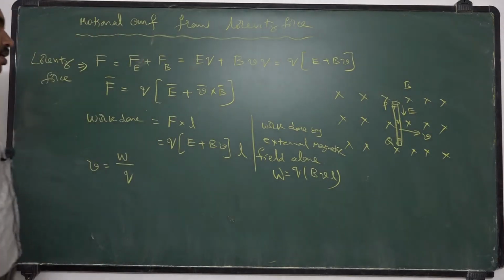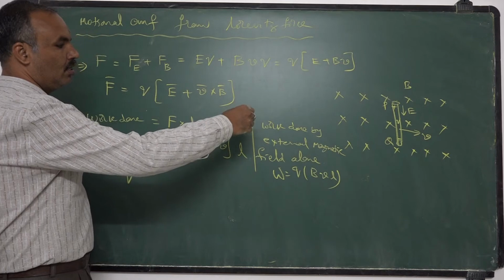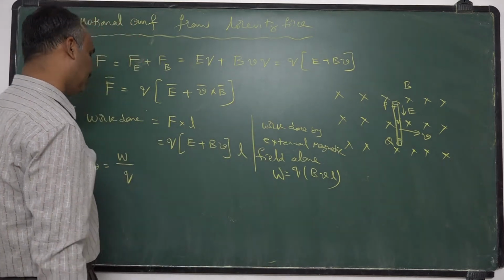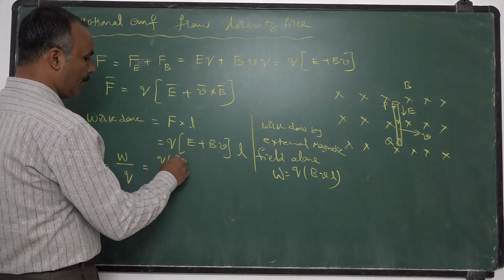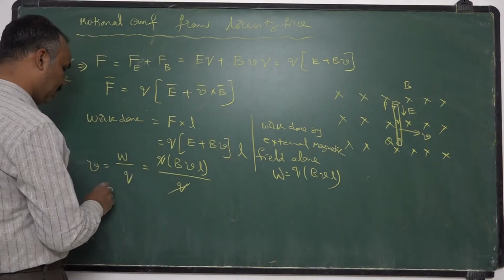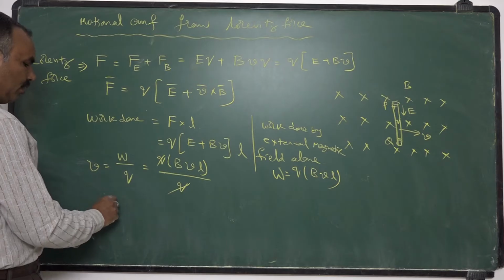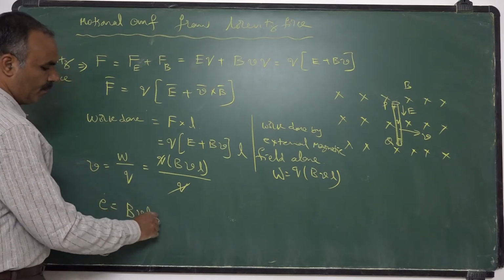Electric field is not considered here; we are only considering the external work done by the magnetic field. Then if you substitute it here, Q into BVL by Q, the Q gets cancelled. The potential difference is called motional EMF, which is given by BVL.